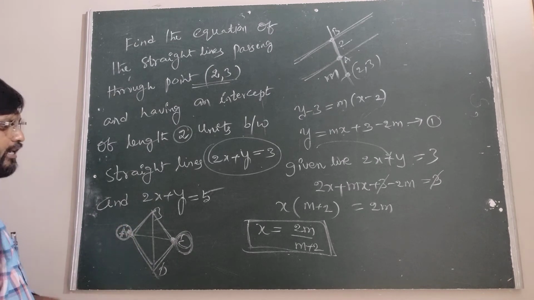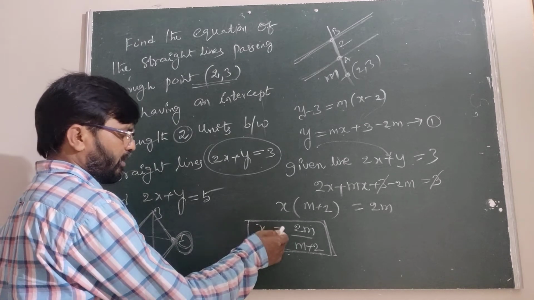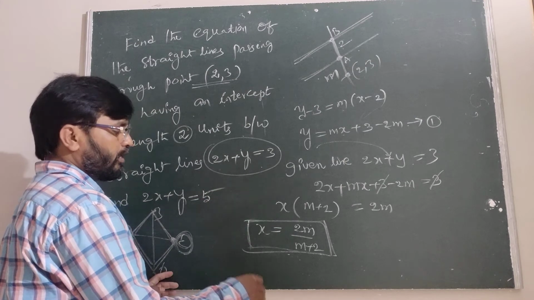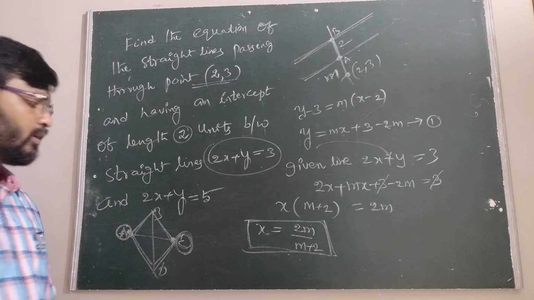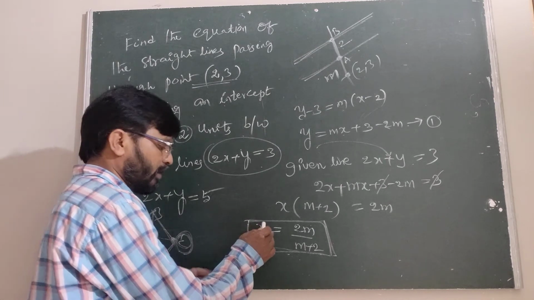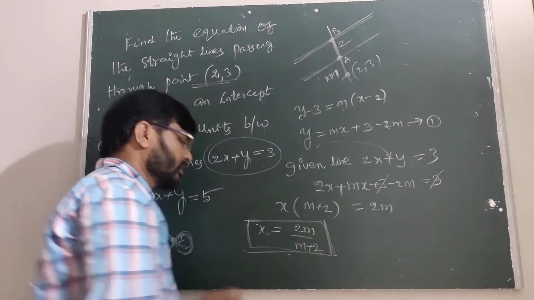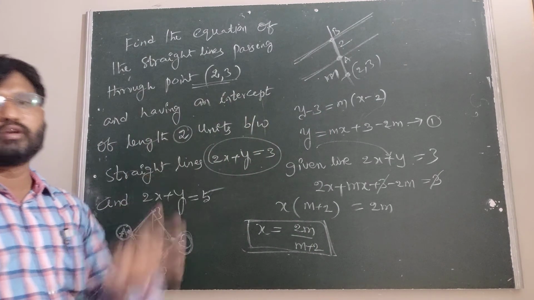That's why I did not concentrate on this point. At that time I wrote x equal to some value, y equal to some value, but I can substitute the y in the place of x. Is it clear? I got only the value of y, but the substitution in that equation, instead of y, I took only x.